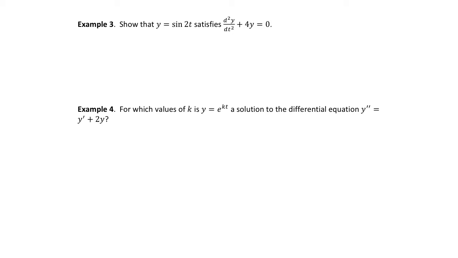We're going to use the chain rule. The derivative of the sine of 2t, so dy/dt, is going to be the cosine of 2t. Derivative of the sine of an argument is the cosine of that argument, and then we need to multiply by the derivative of 2t, which I'll put out front as positive 2 there. We want the second derivative.